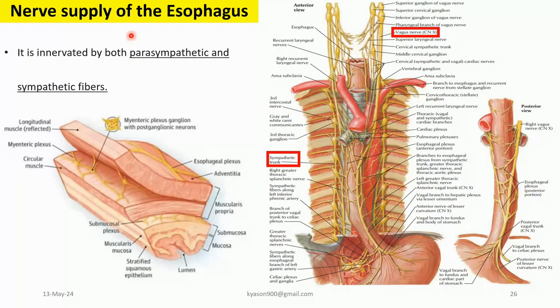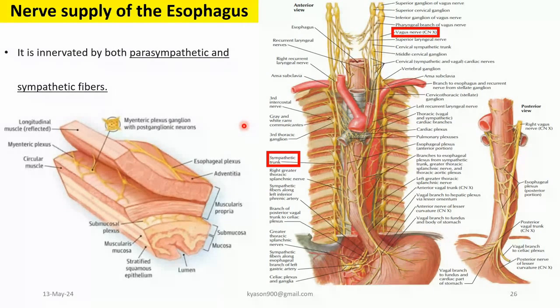And the autonomic nervous system has two components. You have the parasympathetic and the sympathetic. The sympathetic fibers are going to be coming off from what we call the sympathetic trunk, or the sympathetic chain of ganglia. It is this chain that you see here on the right side and on the left side. So this chain of ganglia is going to give off sympathetic fibers.